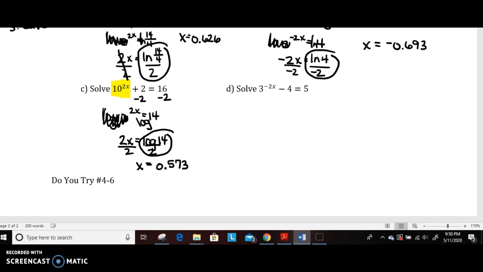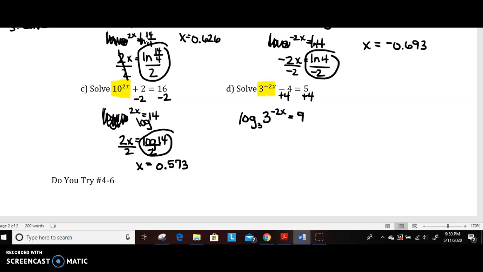And for D, what I'm trying to isolate is the 3 to the negative 2x. So I'm going to add 4 to both sides. So I get 3 to the negative 2x equals 9. Okay, so to undo this one, I have to take the log with a base of 3.